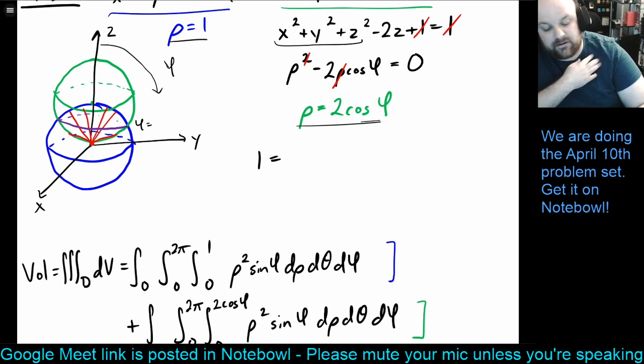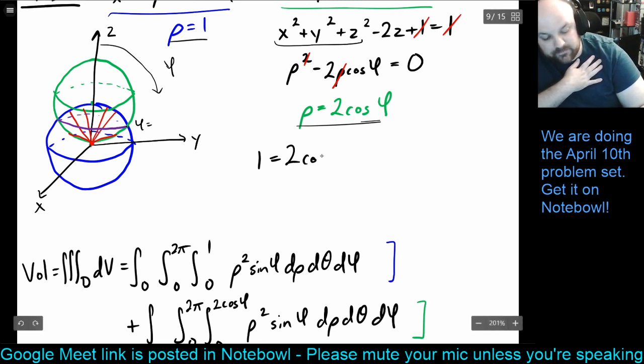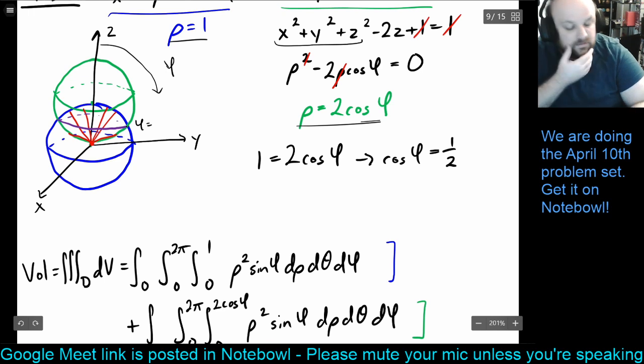But to figure out where it should actually cut off, we set these 2 equal to each other. That says cosine of phi has to be 1/2, and cosine of phi equals 1/2 at pi over 3.